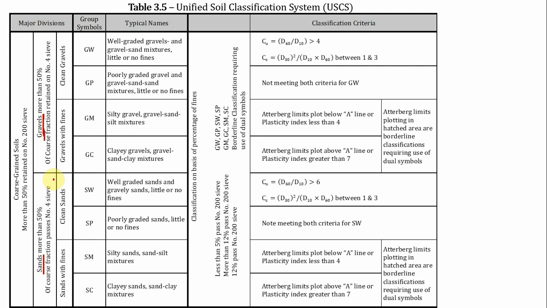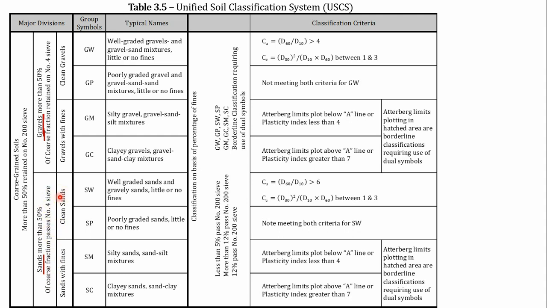So our next step here, class, is to check where the criteria coincide for soil B. Gravel is more than 50% of coarse fraction retained on number 4. And here for sand, more than 50% of coarse fraction passes the number 4 sieve.